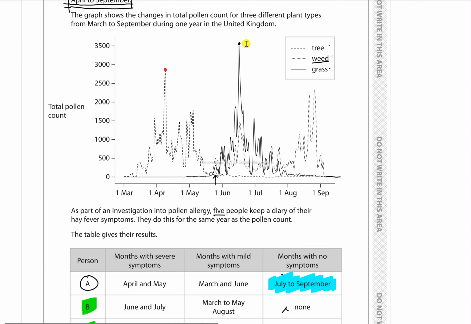Grass, yeah, so it peaks up here, the grass.